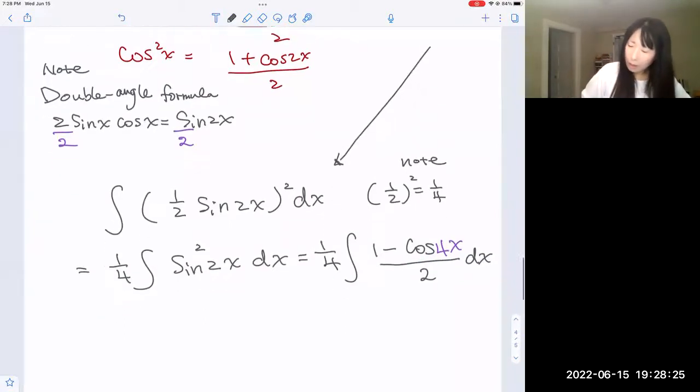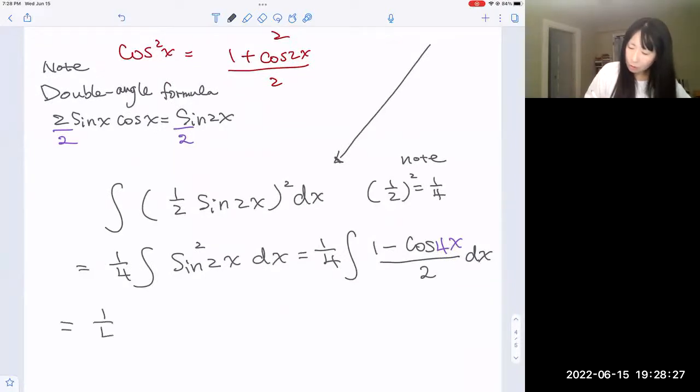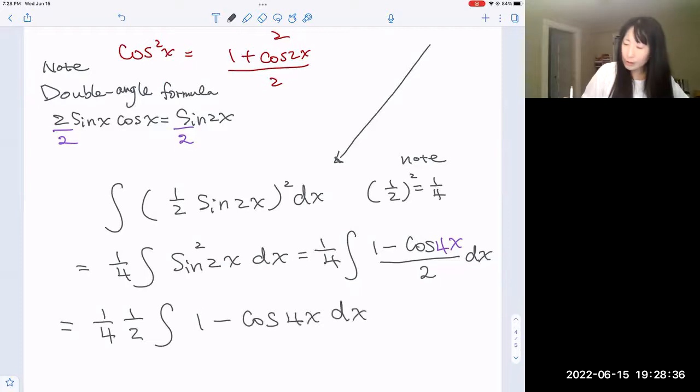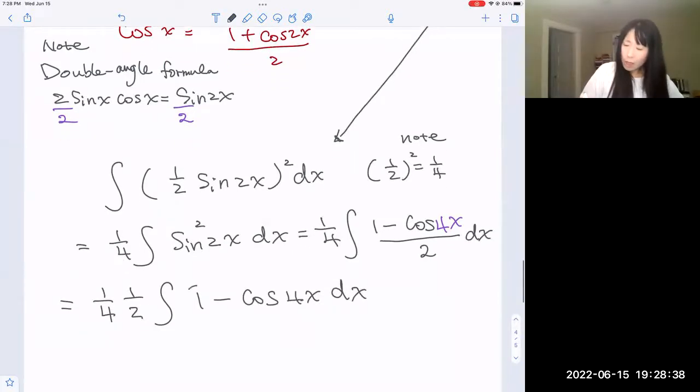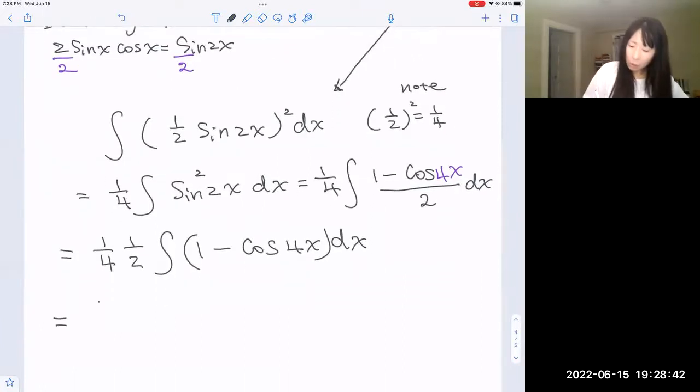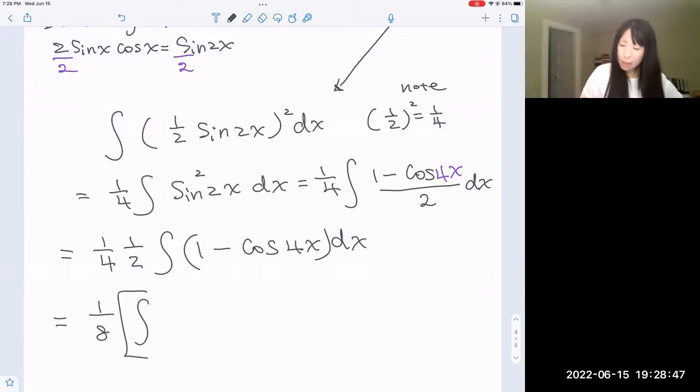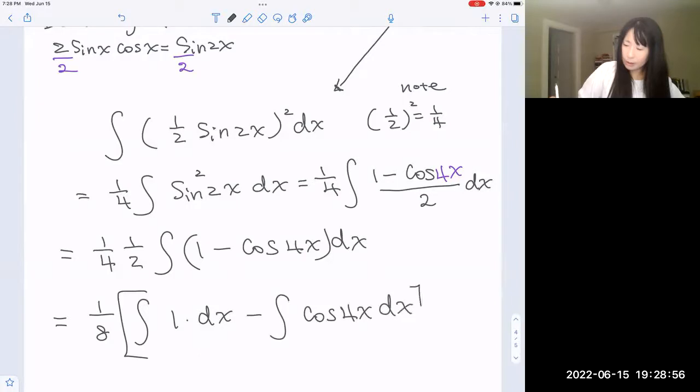So we have 1/4 and 1/2 and 1 minus cosine 4x dx. Now we integrate term by term. So that will be 1/8 of the whole thing, right? Then 1 times dx minus cosine 4x dx.